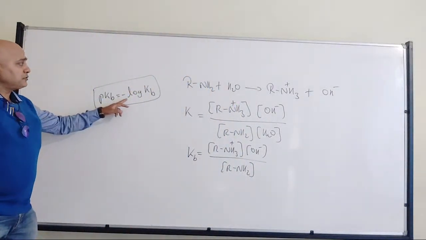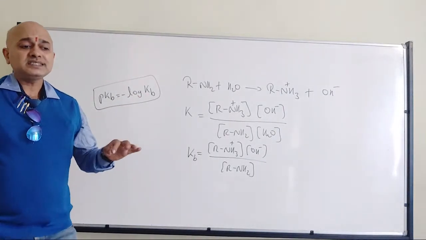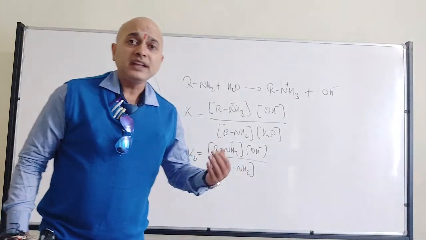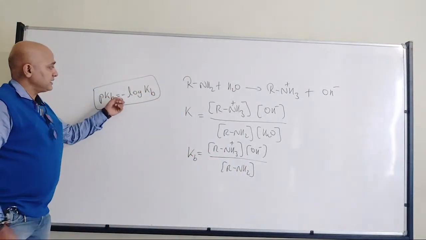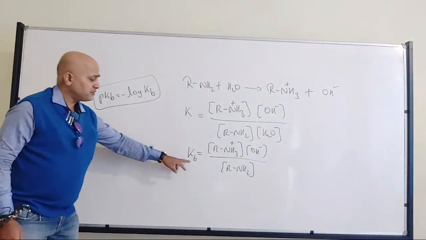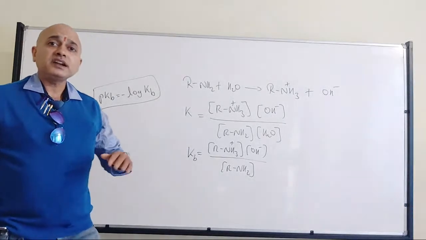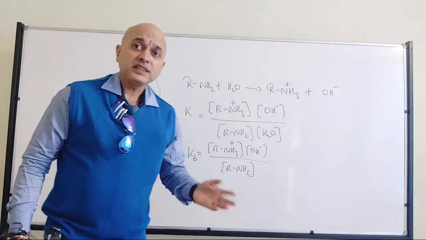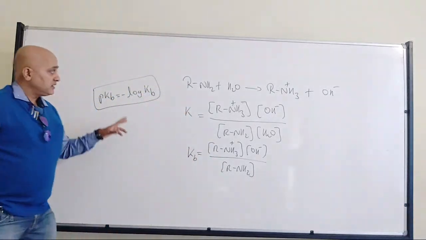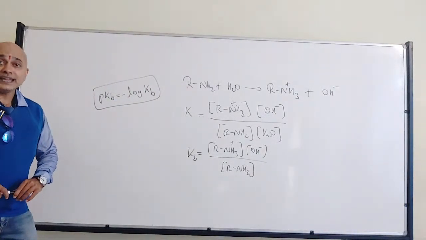So pKb is equal to minus log of Kb, same as pH is equal to minus log of H plus concentration. Since we are dealing with Lewis base, I have written it as Kb. If I am talking about acid, it will become Ka. But the meaning is same.